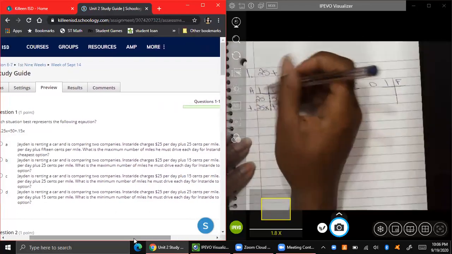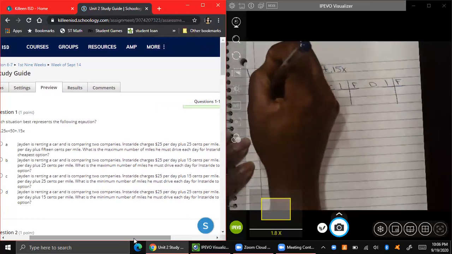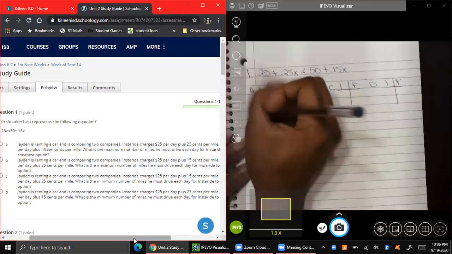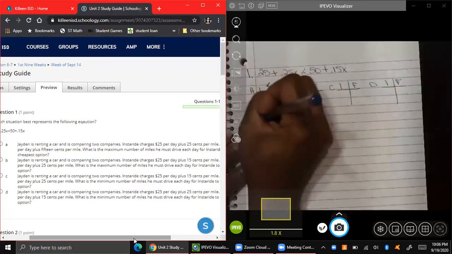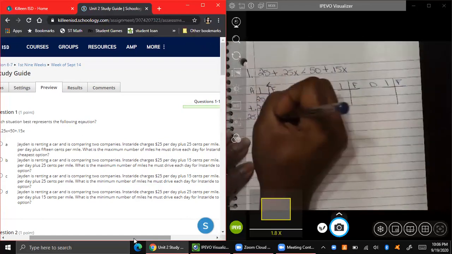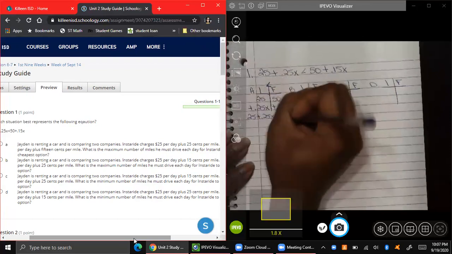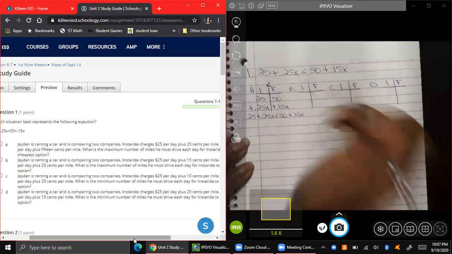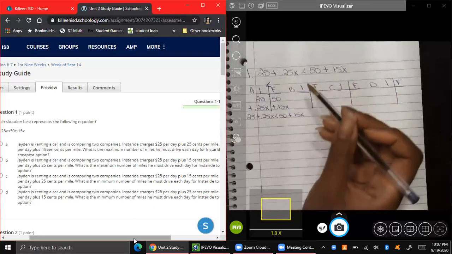So we want InstaRide to be cheapest. So less than. And this is our equation: 25 plus 0.25x is less than 50 plus 0.15x. And that matches up with our answer choices.